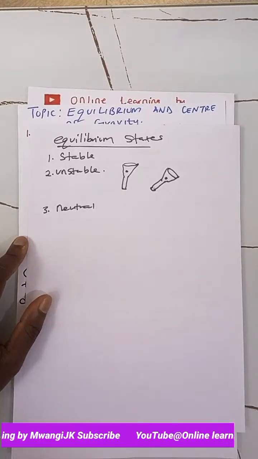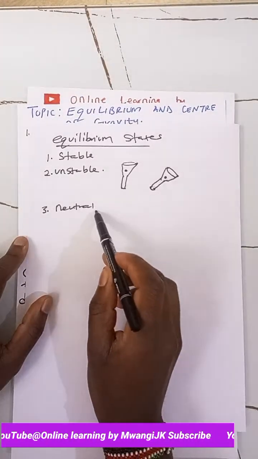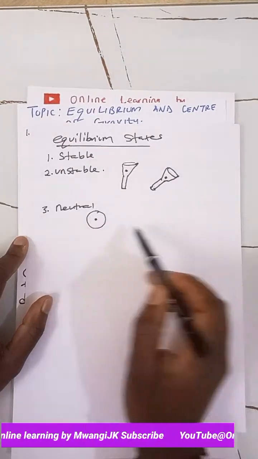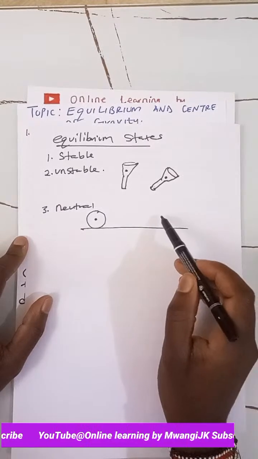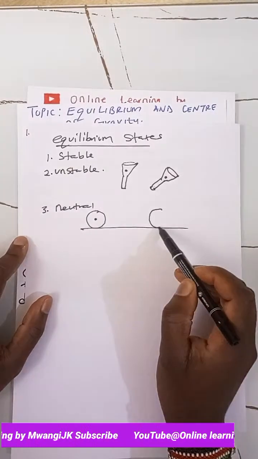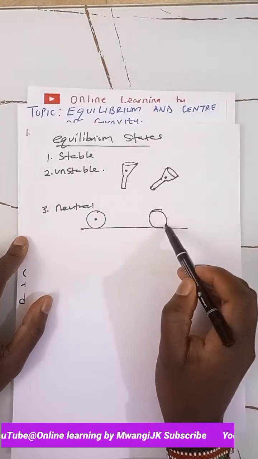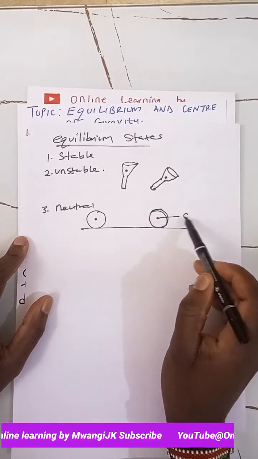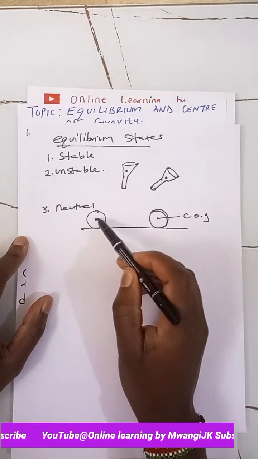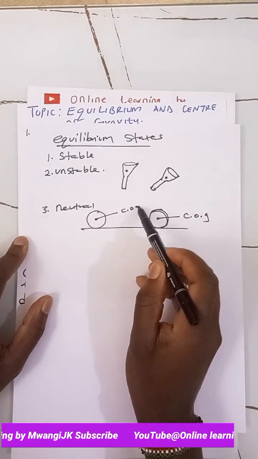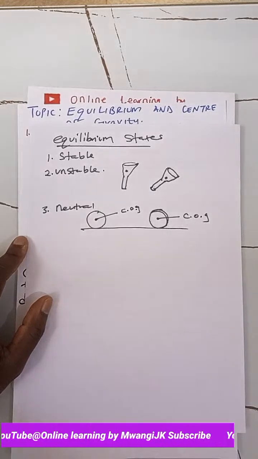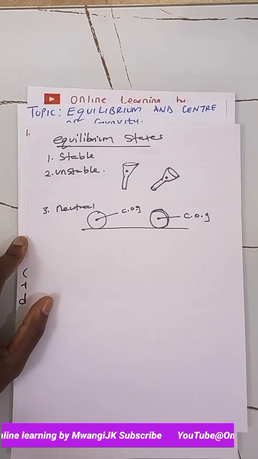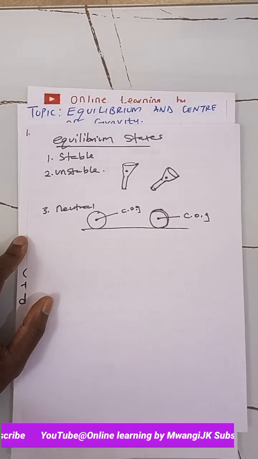But note, in this case, the center of gravity does not change. So if a ball is kicked along the ground, it will roll and occupy another point, but its center of gravity will remain where it was.